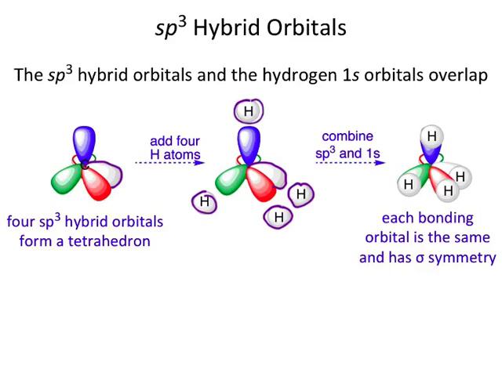And so when these go to overlap, they just kind of mush together, and they'll form these overlapping bonds, which then make the molecule happen. Now each bonding orbital that we just made is the same, just with a different orientation. Each one has this sigma symmetry that I alluded to earlier that we'll fully discuss later. And that's basically the picture here.